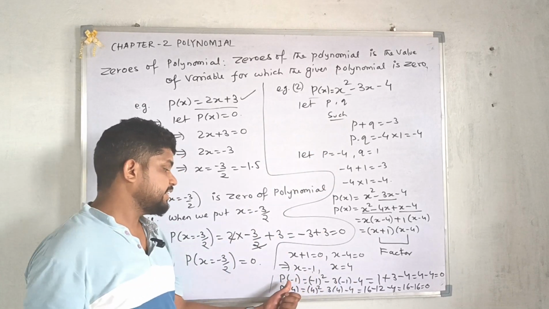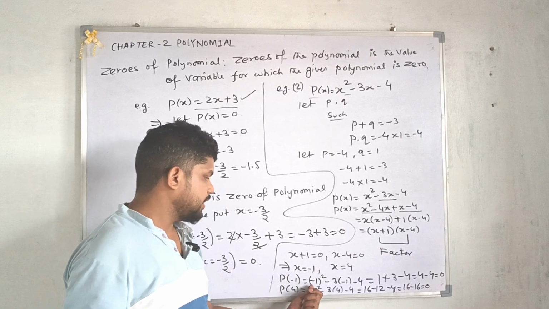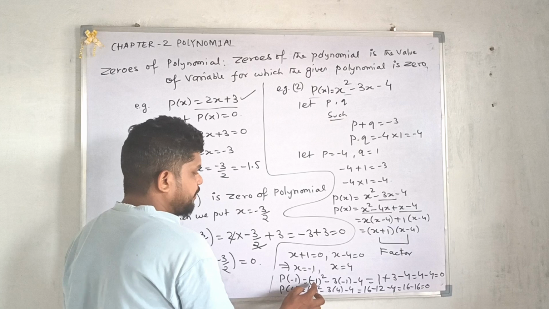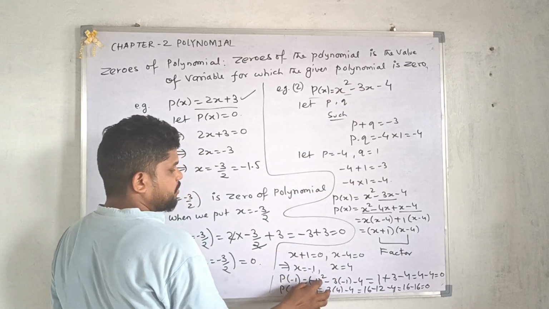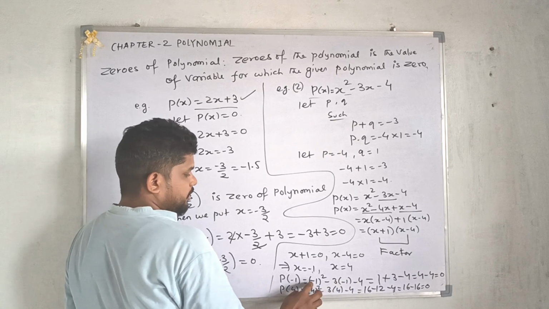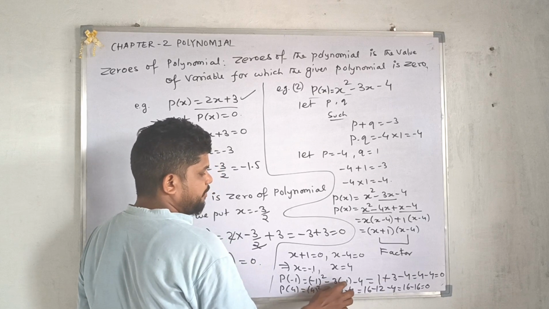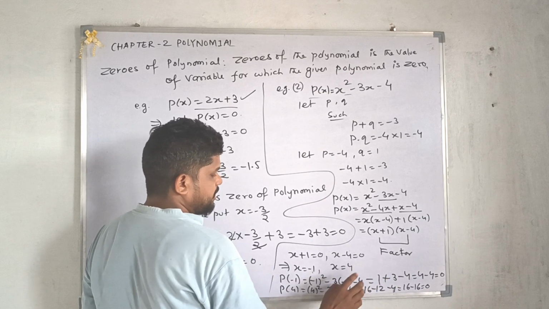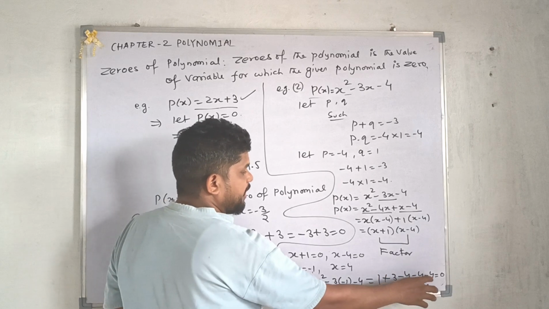As you can see, for the value of x equal to minus 1, when you put the value of x in x square minus 3x minus 4, we get minus 1 square minus 3 into minus 1 minus 4. Minus 1 squared is 1, minus 3 into minus 1 is just 3, and minus 4. 4 minus 4 is 0.